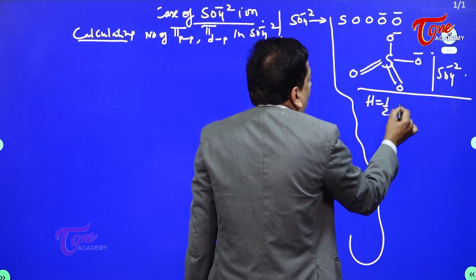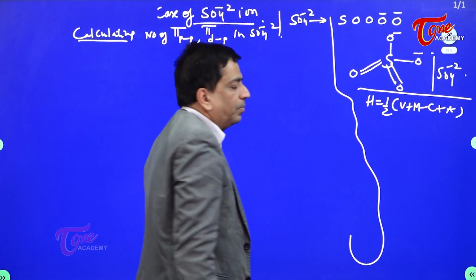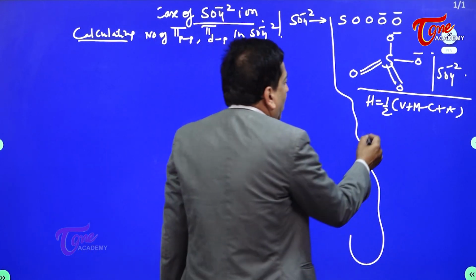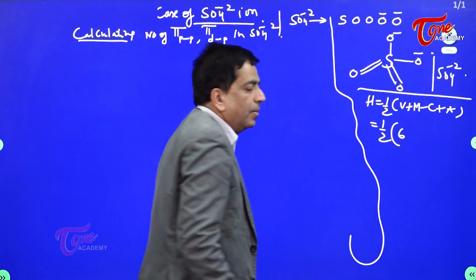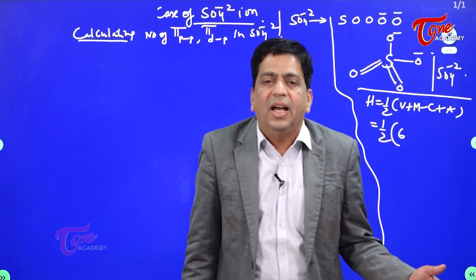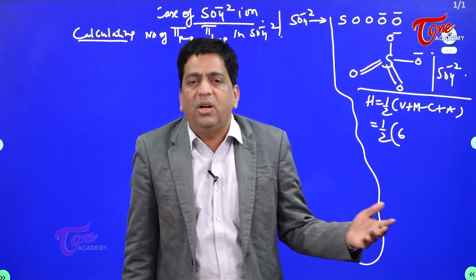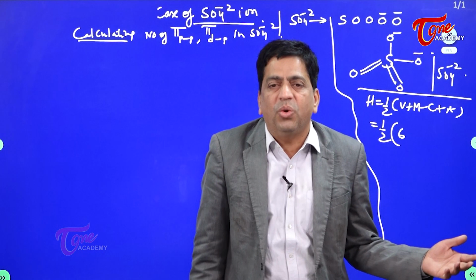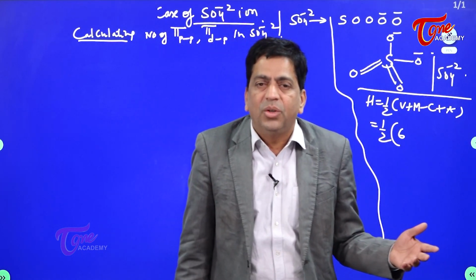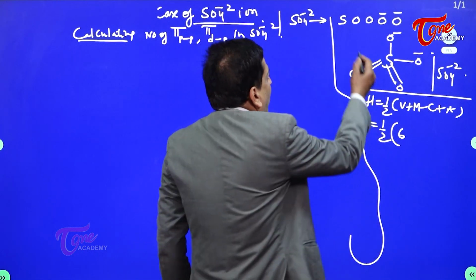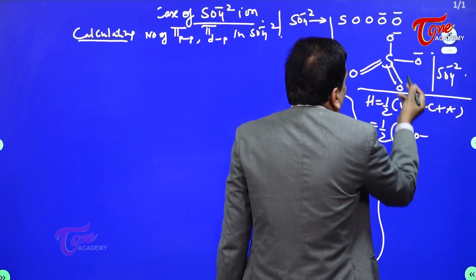H is equal to half into V plus M minus C plus A. Now this will be equal to half into valency of sulfur, which is 6, group number, which is 6, and M is the number of monovalent atoms that are attached to the sulfur. I don't find any monovalent atoms because monovalent atoms in chemistry are hydrogens and halogens. Well, I don't find them, so it is 0 because you find oxygens here. So it is 0. Is it a cation? No, it has a negative charge.